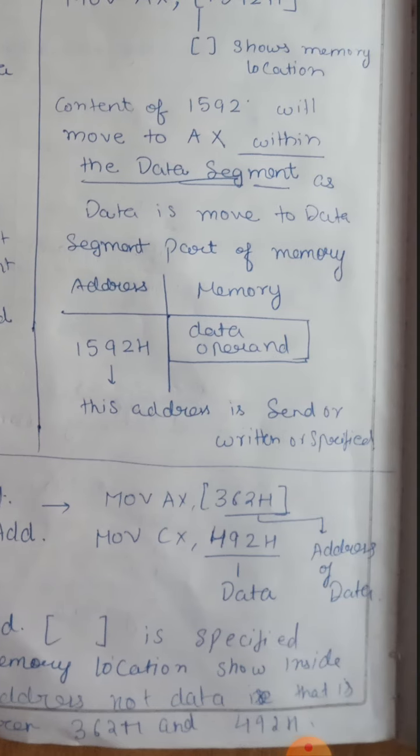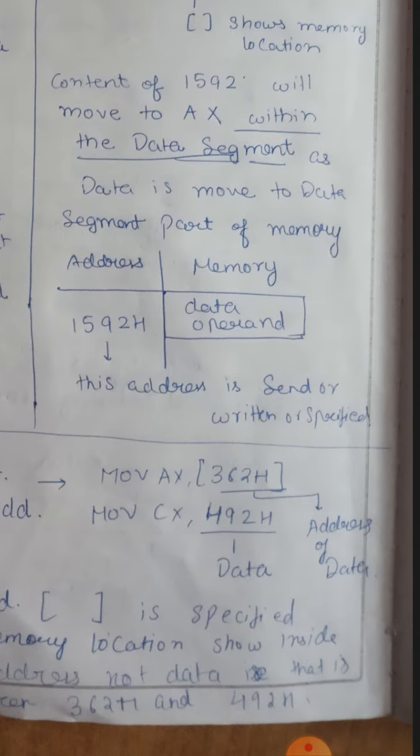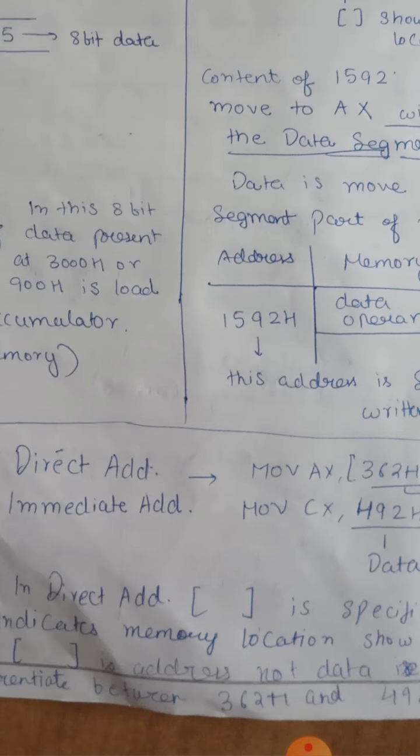I made this clear by writing these two instructions together. Let's understand. I have put the square brackets on MOV AX, [362H] to differentiate them. The bracket shows that this is the address, not the data, and 492H is the data, not an address. The difference is made by the bracket.